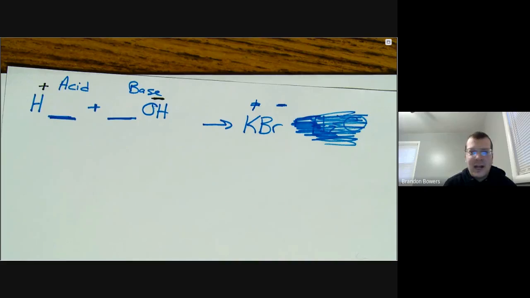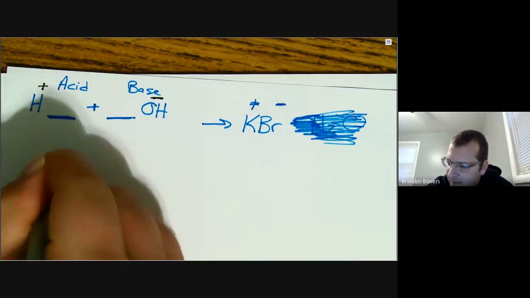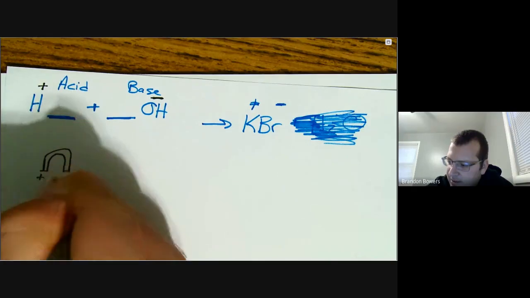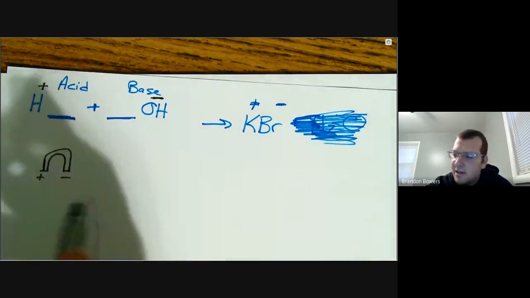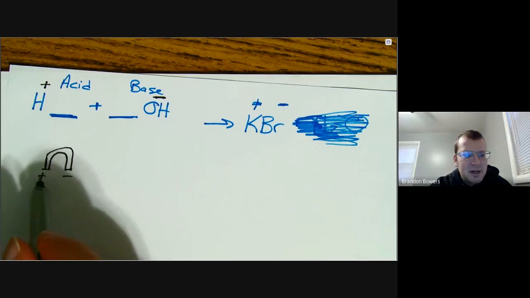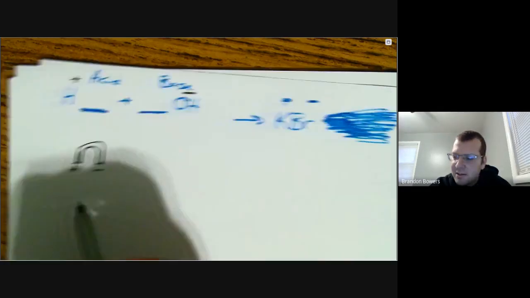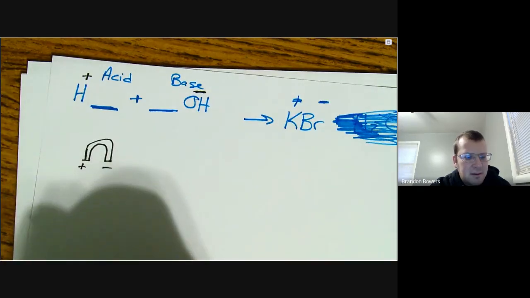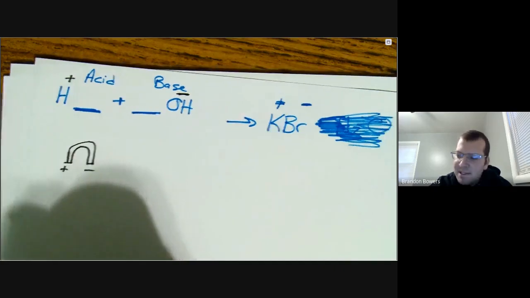Now, you've got to think of a magnet. If you're trying to put two pieces of a magnet together, this one is positively charged, that one is negatively charged. Do opposites attract or repel? Opposites attract.